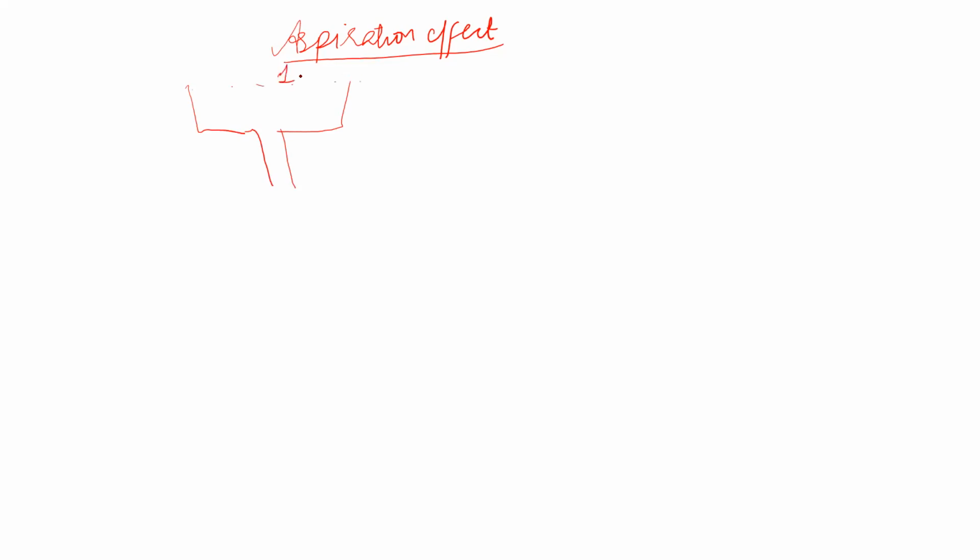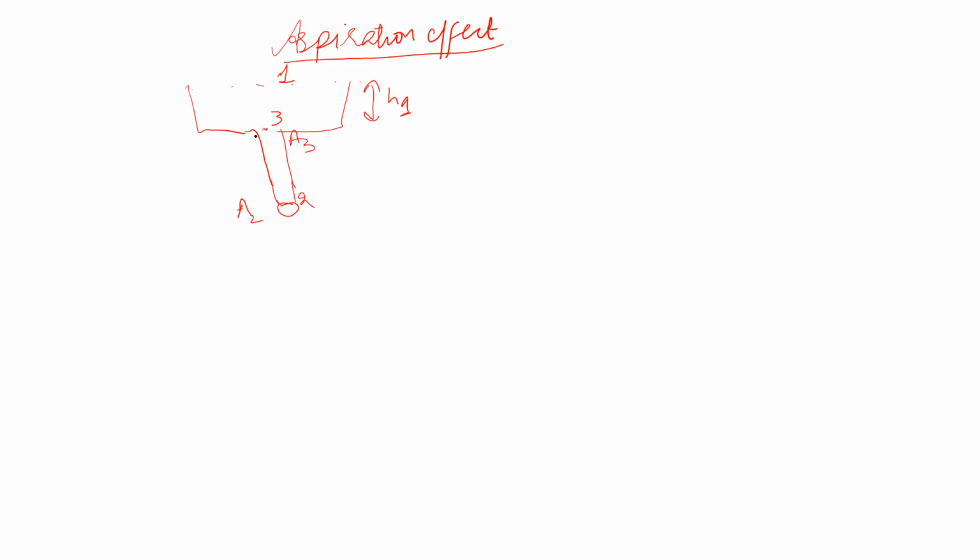If I take this as first point, this as third point, this is the sprue, right? This is second point. So area here is A2, area here is A3. And this is the height of the pouring basin.